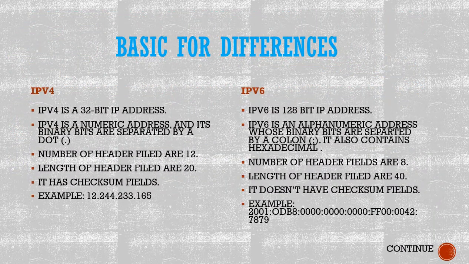This is a small difference between these two. IPv4 is a 32-bit IP address. IPv6 is a 128-bit IP address. In IPv4 the dot is used, and in IPv6 the colon sign is used, and it contains hexadecimal.